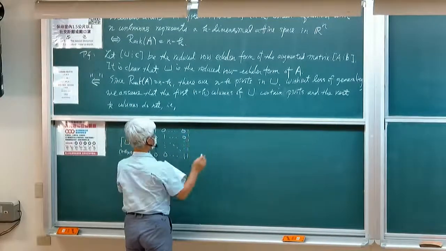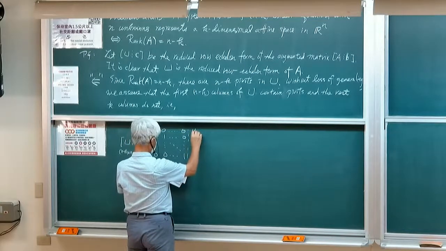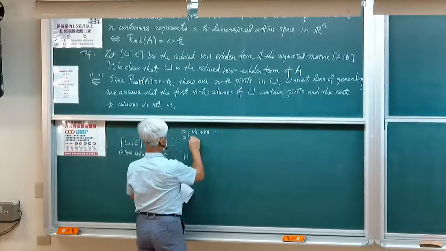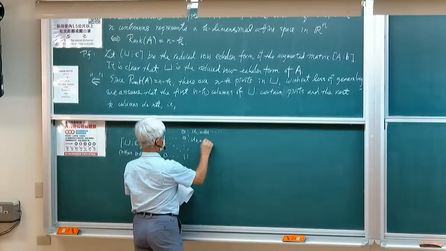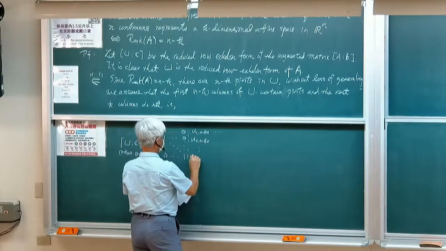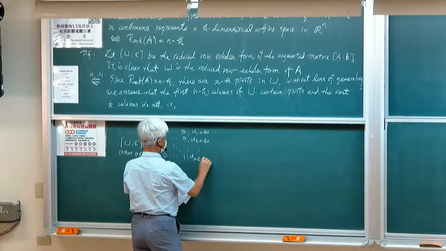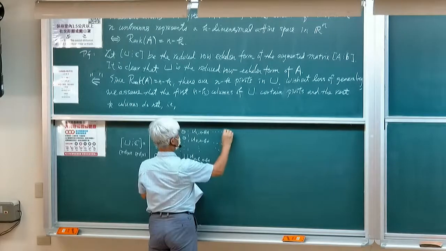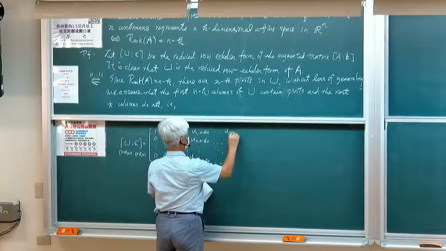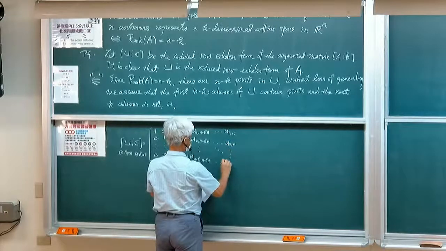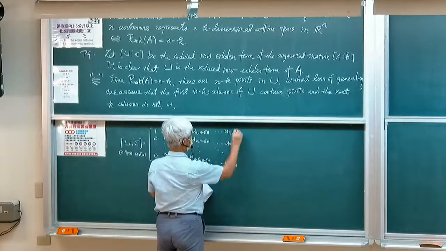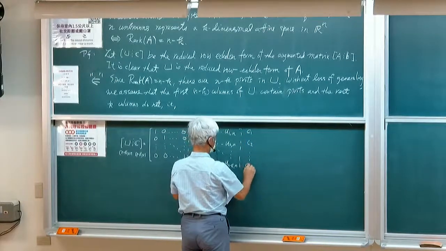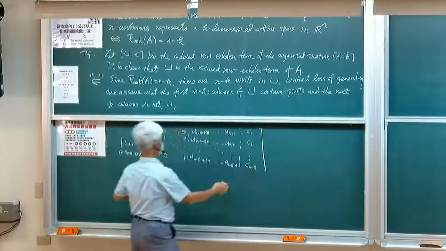The rest k columns we write as u_{1,n-k+1} up to u_{1,n}, u_{2,n-k+1} up to u_{2,n}, and so on, and the last column is c_1, c_2, up to c_{n-k}.